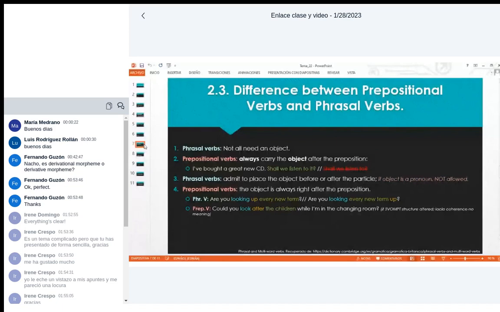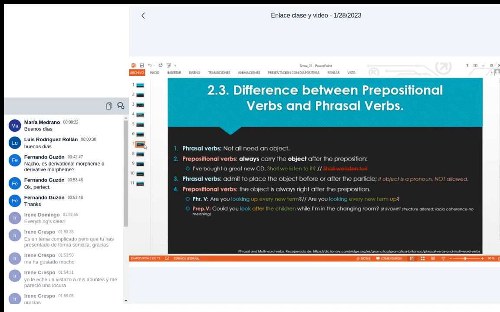Shall we listen to it? The preposition to needs the it, so to complement the sentence and to have it syntactically correct.